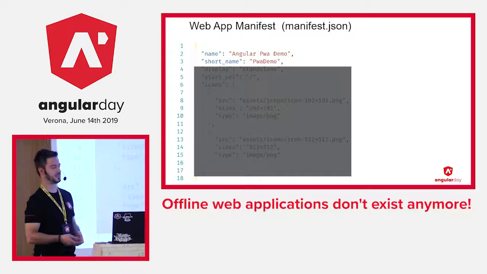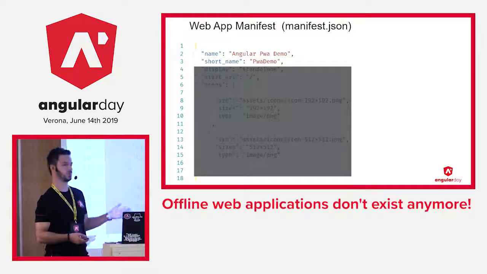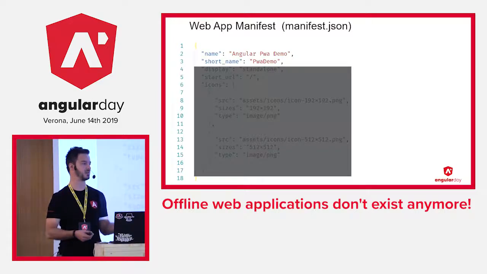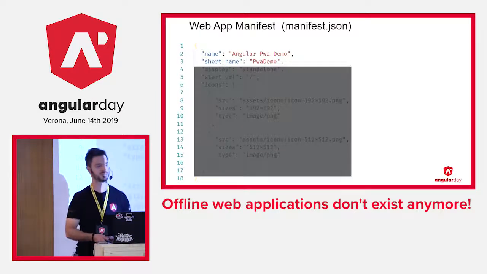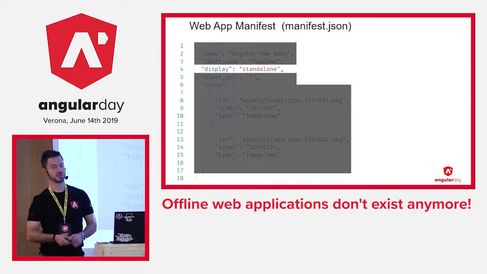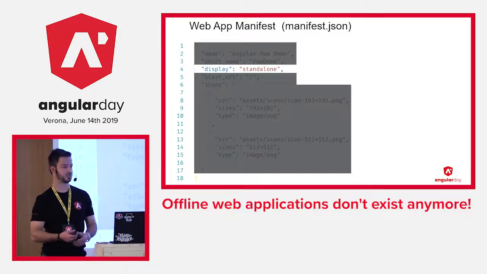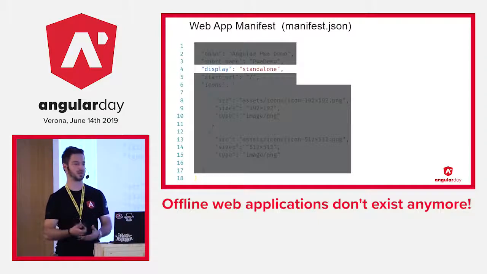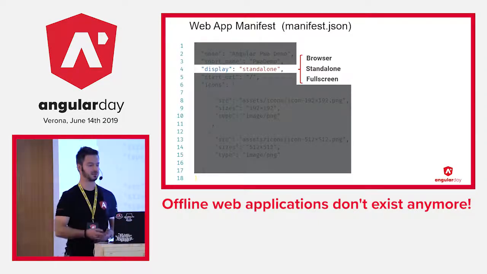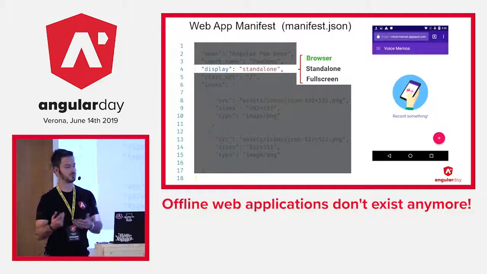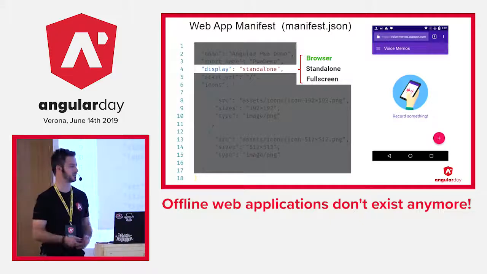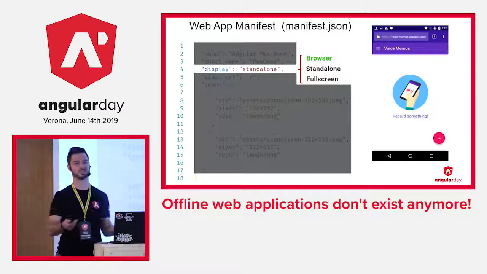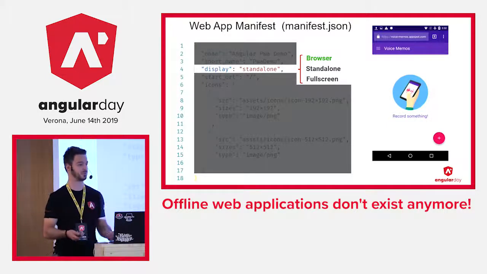We have to provide a name and a short name that will be used in the splash screen of the application and below the icon once it is installed on the user's device. We can provide a display property where we can instruct the browser how to render our application. There are different values. Browser is the normal standard browser experience, as we would access any kind of website with our browser.